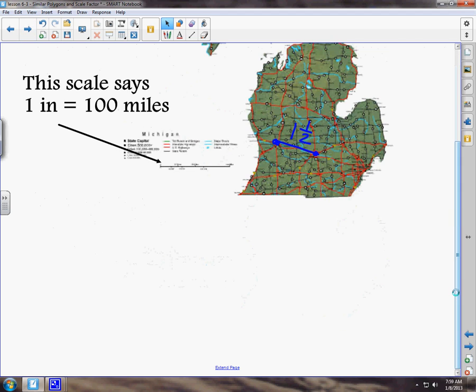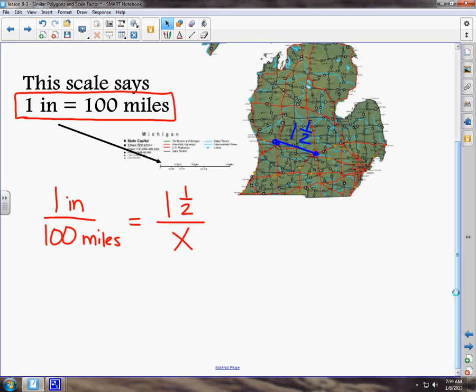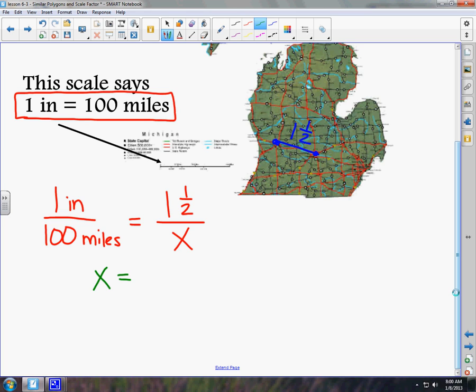So what you do is you take this scale right here and you make this into a proportion. 1 inch over 100 miles equals, and then my actual one here is 1.5 over X. I don't know how many miles. So then I cross multiply and I do 1 times X is X, and 100 times 1.5 is 150. So X equals 150 miles.